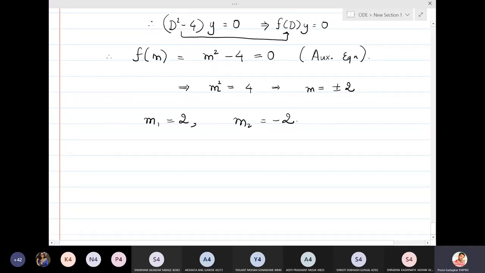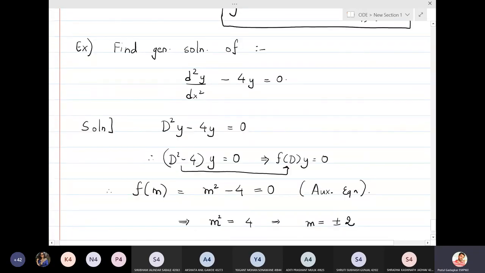And therefore I have got two different roots, and therefore what is my general solution? If I get two roots, I'm going to get y equal to c1 e power m1x plus c2 e power m2x. How did this come?